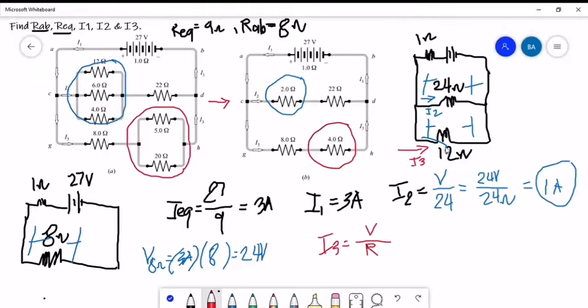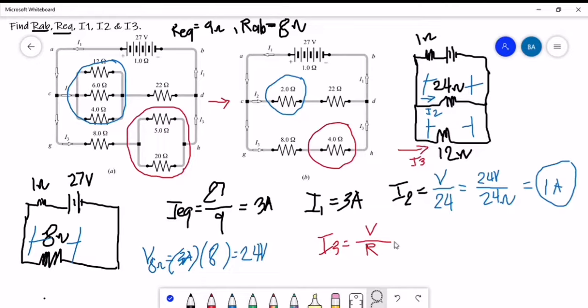The current that flows in the 12 ohms, again the 12 ohms is the combined resistance of our 8 and 4 ohms, and we know that 4 ohms is the combined resistance of our 5 and 20 ohms connected in parallel. So with our 12 ohms, we are going to solve for our I sub 3.